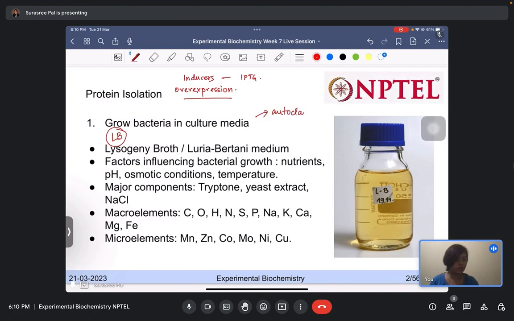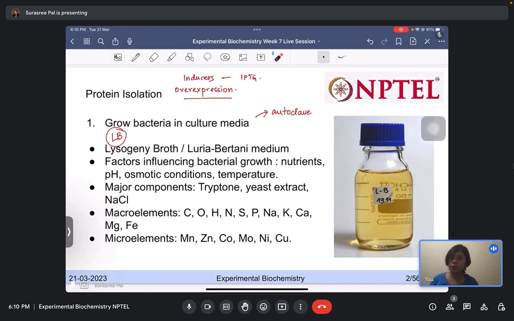Autoclaving is done to sterilize the medium, and then we give an inoculum of the bacteria, and then we allow it to grow. The factors that influence its growth can be the nutrients, the pH of the medium, which also has to be taken care of, the osmotic conditions, that means the salt concentrations, and the temperature.